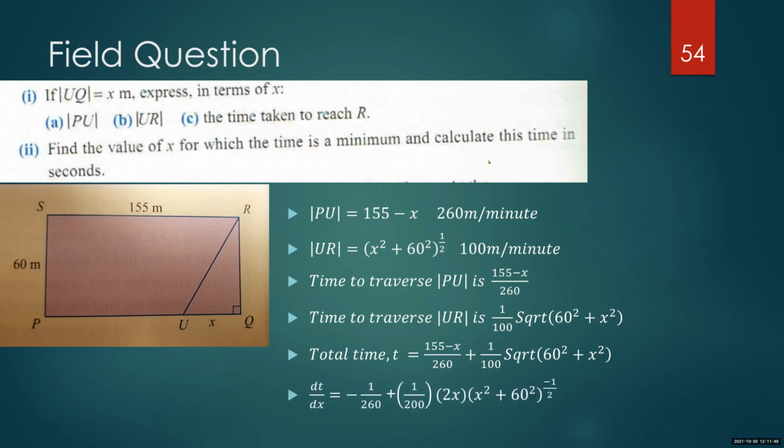So now we want to find dt/dx. So dt/dx is, if you differentiate the first piece, 155 minus x all over 260, when you differentiate that with respect to x, you get, on the top line, you get minus 1. So that's minus 1 over 260. And then when you differentiate the next piece, you get the expression at the bottom here. And so now we know what dt/dx is.